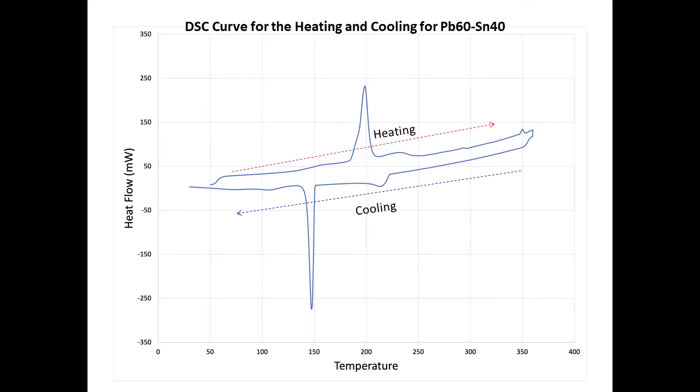There's a small bump on cooling that continues and slowly decreases until we hit the eutectic temperature, at which point all of the remaining liquid solidifies. You will also note that on cooling, the temperature that the remaining liquid solidifies is significantly depressed relative to the heating curve, nearly 30 plus degrees below the melting temperature that you'd expect for this alloy.